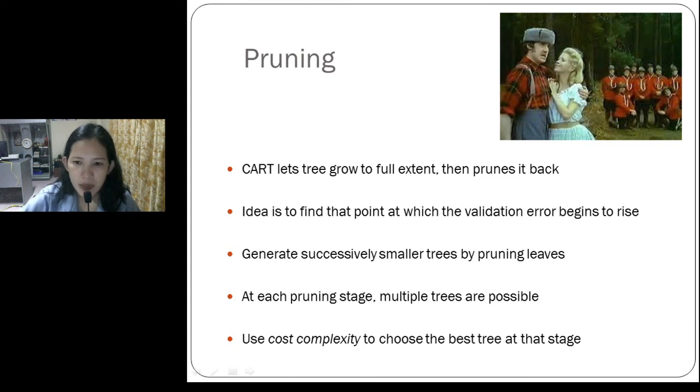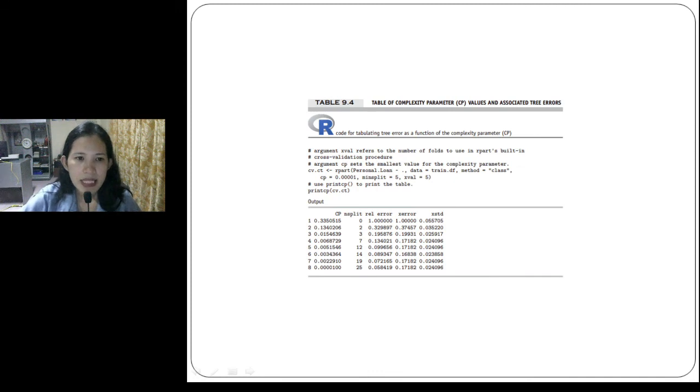The pruning process trades off misclassification error in the validation dataset against the number of decision nodes in the pruned tree to arrive at a tree that captures the patterns but not the noise in the training data. In Table 9.4, we see the complexity parameter table of cross-validation errors.